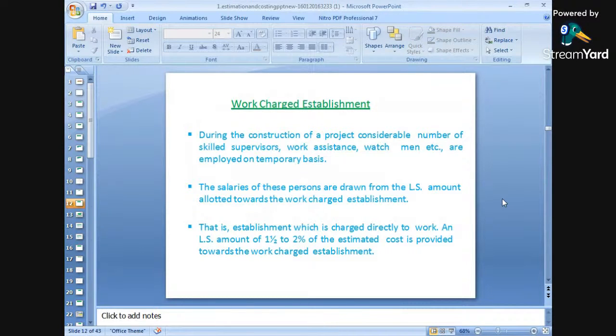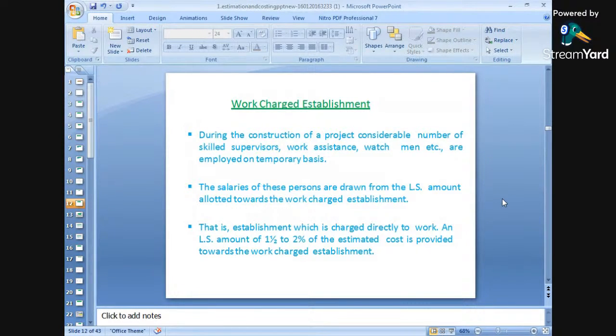That means we have to pay some amount on a temporary basis, for supervising for 24 hours. Supervisors will be there for site work, work assistants will be there, and watchmen will be there. So we have to pay some amount on a monthly or weekly basis, and this is taken care of under the work charge establishment.